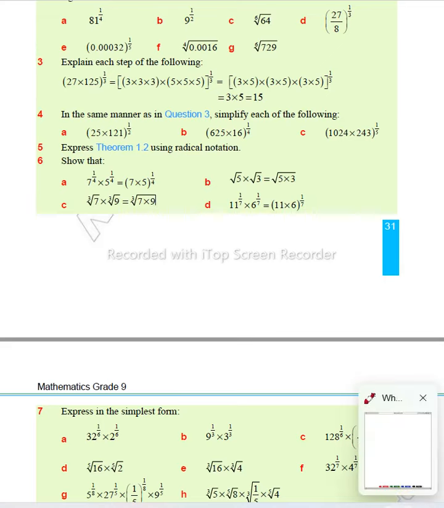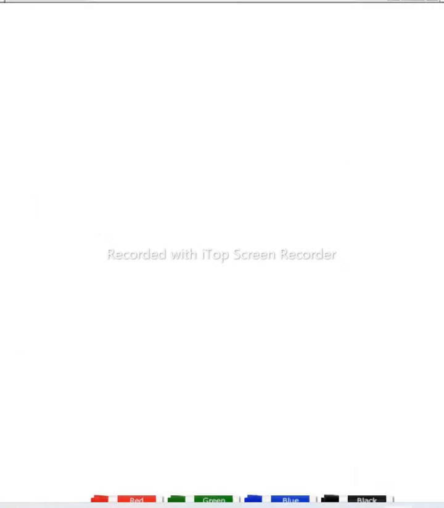Question letter B. Let us do this on the whiteboard. The square root of 5 times the square root of 3 is equal to the square root of 5 times 3. So let us show you this like that.